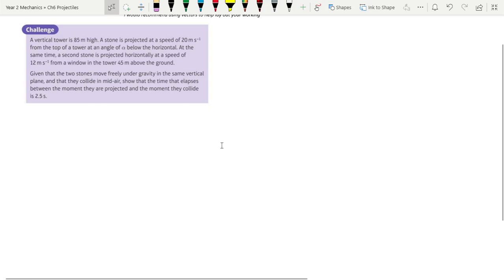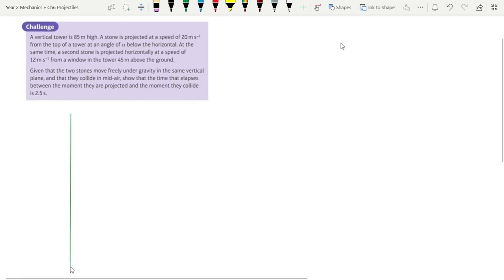So a vertical tower is 85 meters high, and a stone is projected at a speed of 20 meters per second from the top of the tower at an angle of alpha below the horizontal. Okay. So here's my tower.